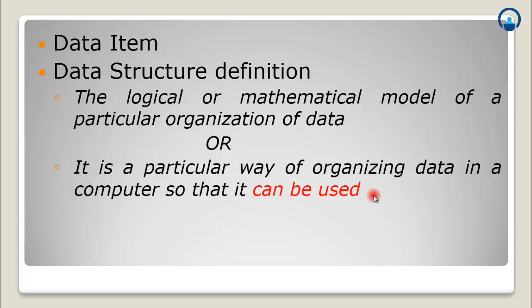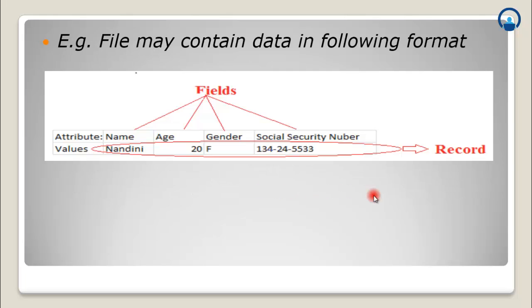Okay. So the next thing, see the example. Here is again data, as I have already shown you in the table how the data is arranged. Now here I have shown an example of a record. This record is a type of data structure. If I am saying a person has his own properties, like name, age, gender, and social security number. When I'm saying a person has a name, that property is called an attribute here.